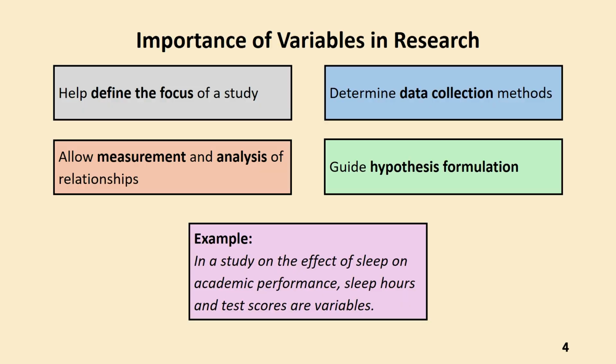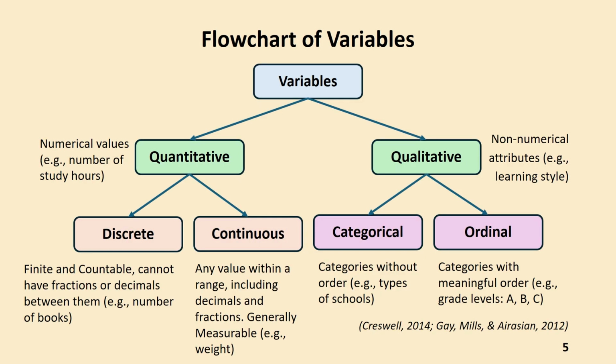Next is the flow chart of variables. It's a very important thing to see and understand. Variables generally are classified into two categories, quantitative and qualitative. Our major research approaches are also of three types: quantitative, qualitative and mixed. Here we are categorizing variables into quantitative and qualitative.